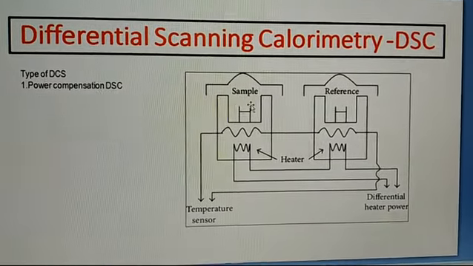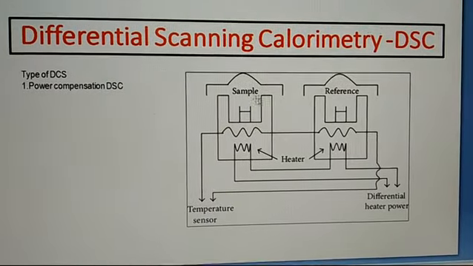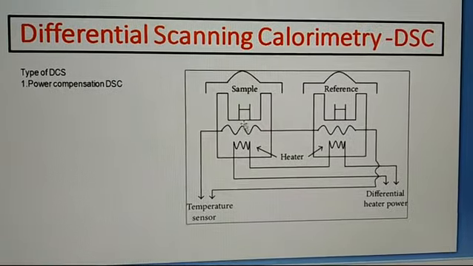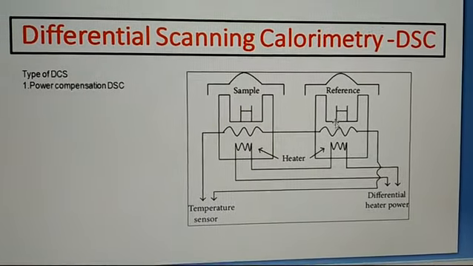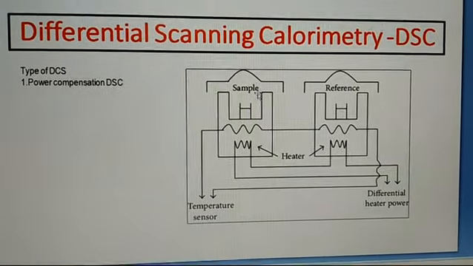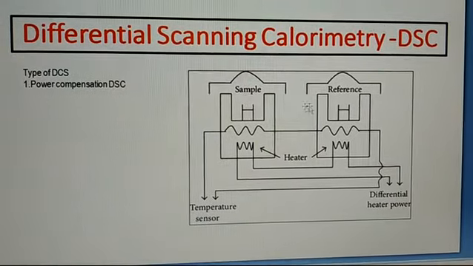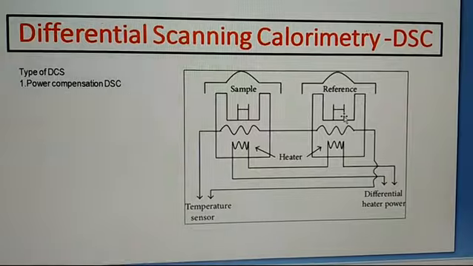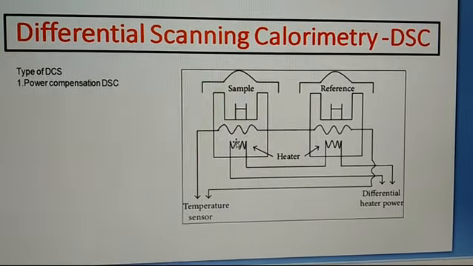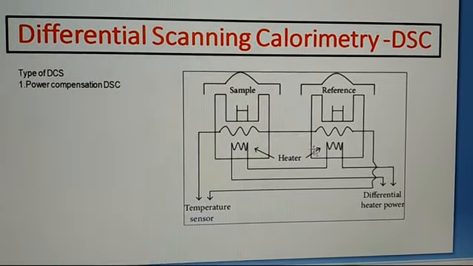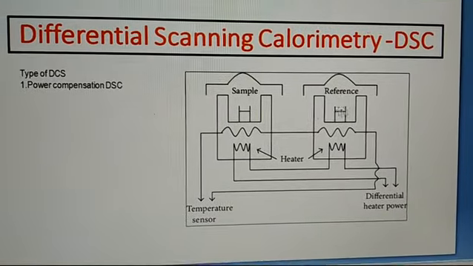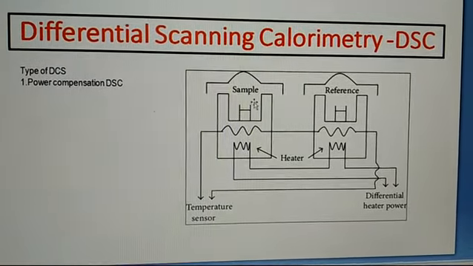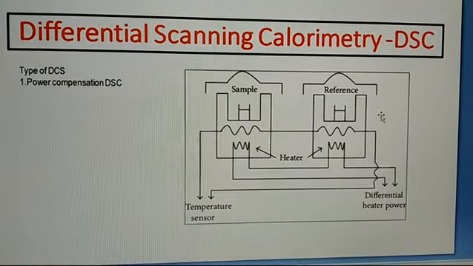In the power compensation DSC instrument, two separate heaters are used to heat the sample compartment and the reference compartment. As the diagram shows, in one pan we put a sample and in the other pan we put a reference material. A separate heater is provided for each, and temperature sensors are provided with the sample and reference material.